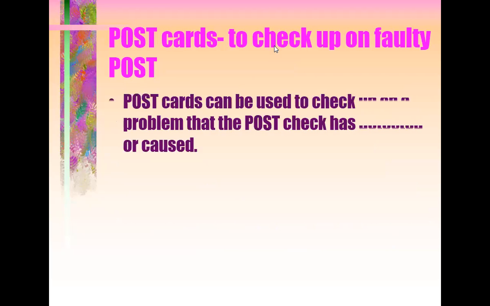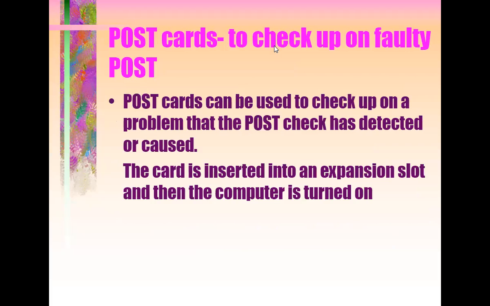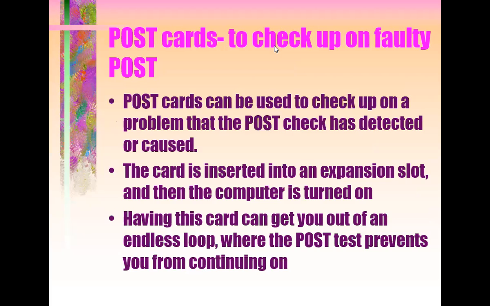So the POST cards can be used to check up on a problem that POST has detected or caused. These days, you can check it on the control panel again and do whatever you want to do there, if you get into Windows. If you don't, you get into the startup menu and you can do all these things. So basically, these cards are no longer normally being used.